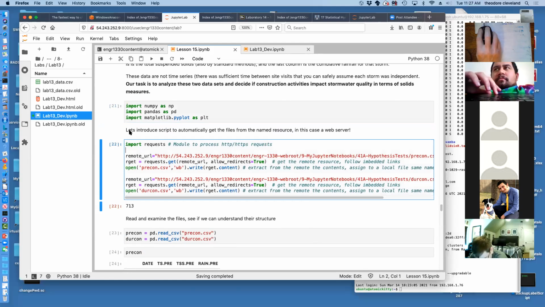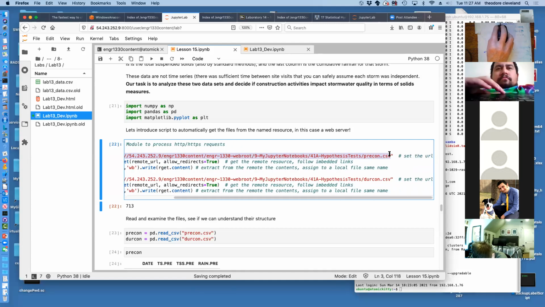I'm going to introduce something that I'm not sure we've shown before. I don't want to go to that web server and download files because I find that's a pain. It turns out that in our Jupyter notebooks, we can actually program that in and have it automatically get the files. The module we want to use is called requests. So I'm going to import requests, and then set up an object called remote URL, and give it the fully qualified name to the file.